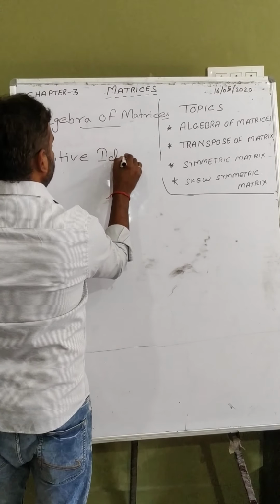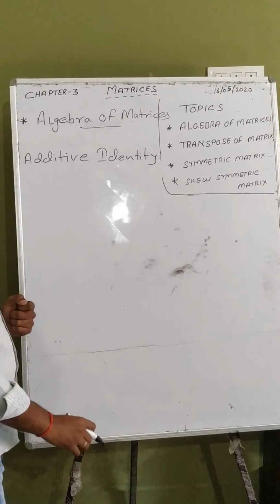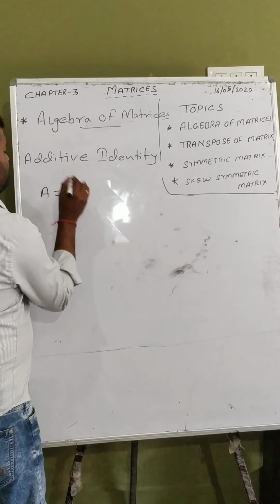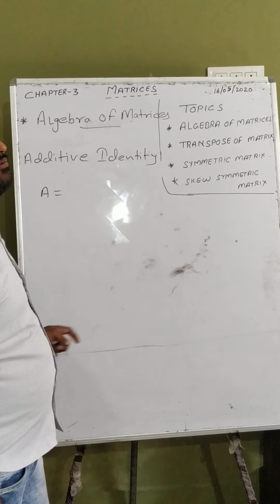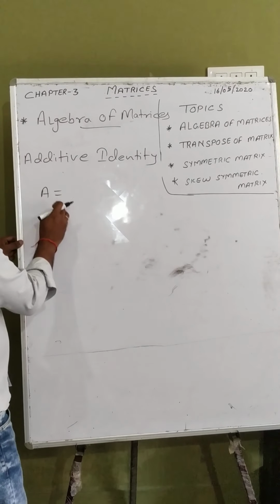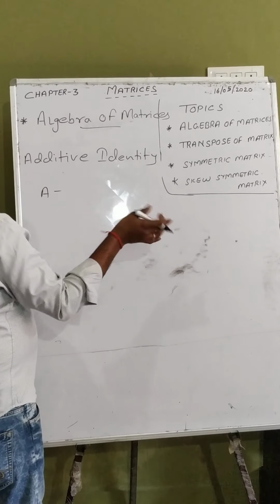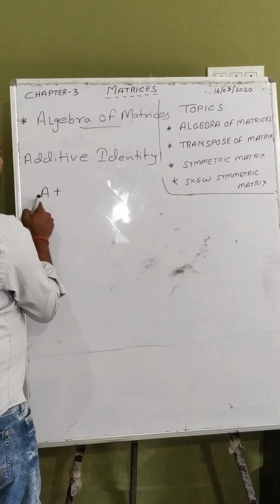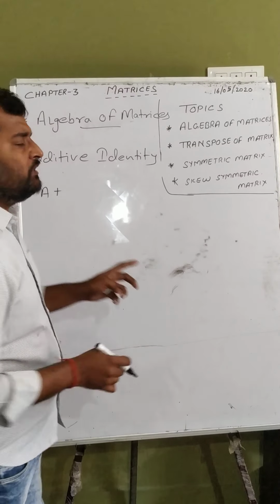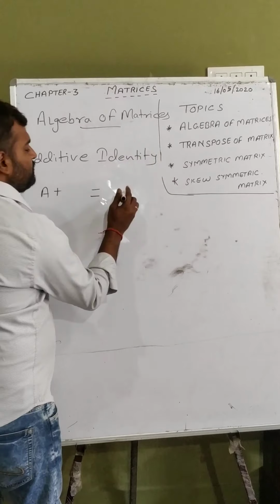Additive identity. If A is a matrix, by name the definition is clear. What will you add to the matrix A so that you get the same matrix A?